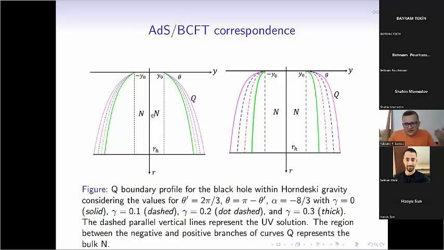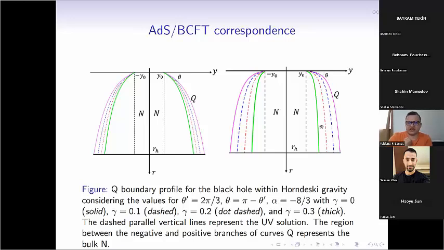And of course, it is better to work with the approximate solution, right? Because we can obtain analytical expressions for the transport coefficients, right? Okay. To apply the AdS BCFT correspondence, we need to compute the area of this figure, right?